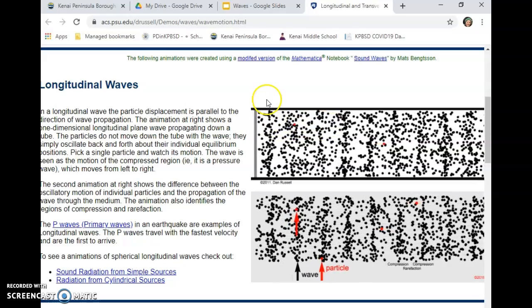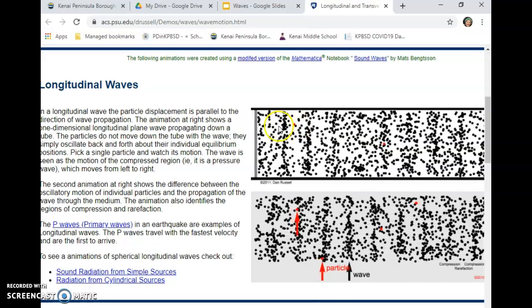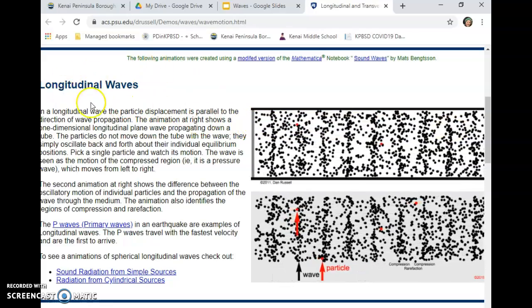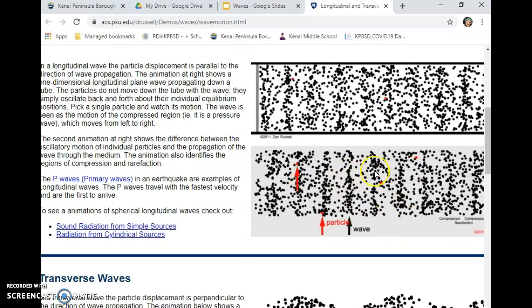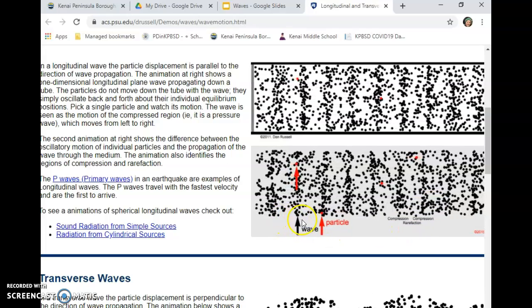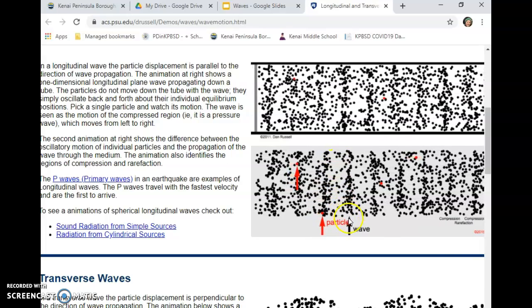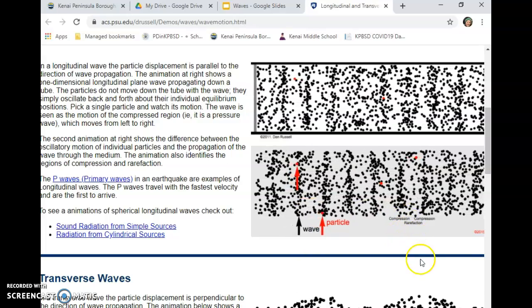So because the wave motion is left to right and the particle motion is also left to right, they are moving along a line, longitudinal. Okay, and this one actually makes it a little bit easier to see. With a wave, they're following one wave right here. Okay, it's moving left to right, but the particles themselves go back and forth.